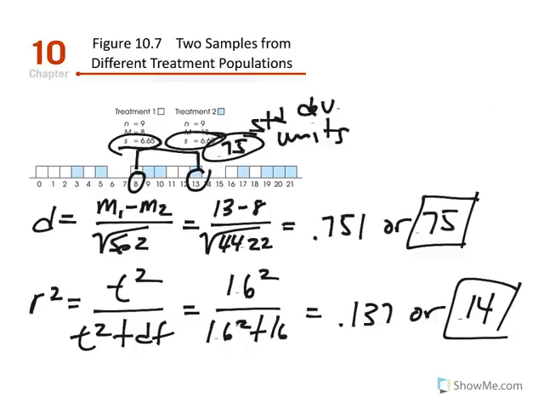We failed to reject the null because the t did not fall in the critical region, and these statistics support those conclusions. And again, the purpose of this example was to illustrate the impact that higher variability has on the t statistic and on the conclusions that we would draw, as well as the measures of effect.